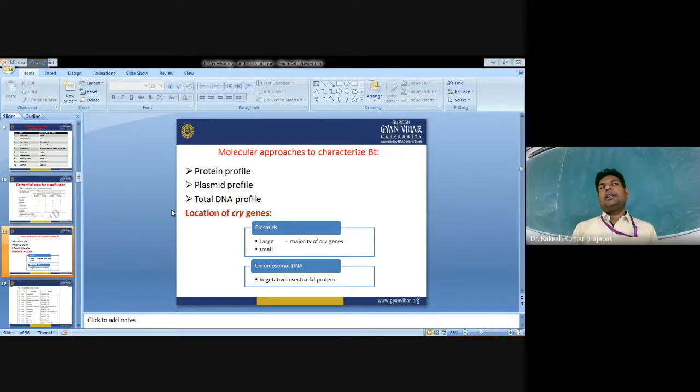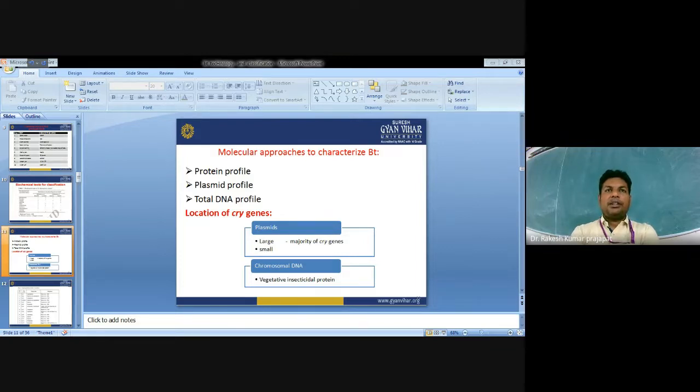Protein profiling can be done by first isolating the protein from the different bacteria. Then we can use different techniques for protein profiling. Protein profiling is done through SDS-PAGE.